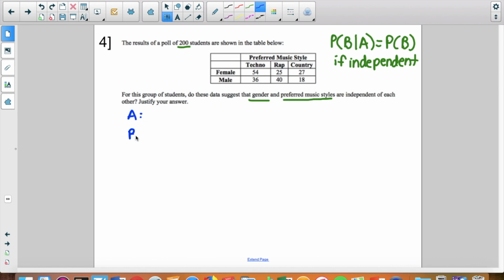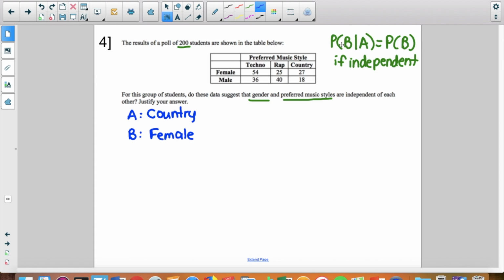Since I like country music, A is going to be country, and B is going to be female. You can use whichever one you want, though. You could use rap and female or rap and male, techno female, it doesn't matter because it didn't specify.